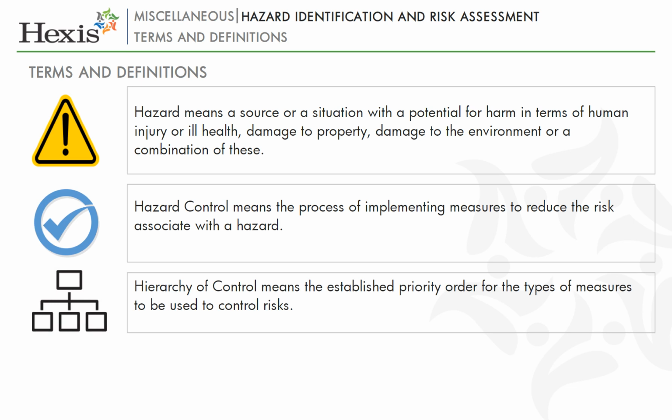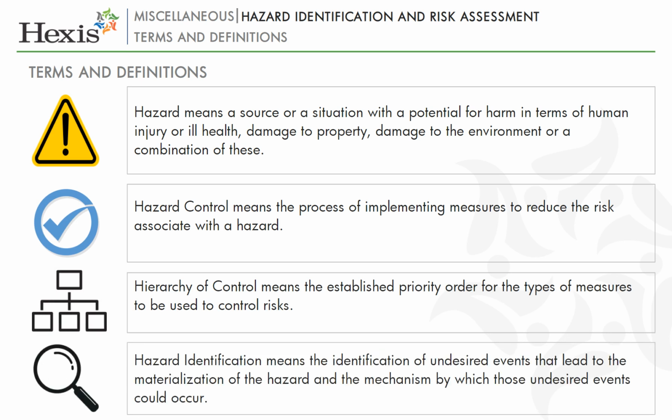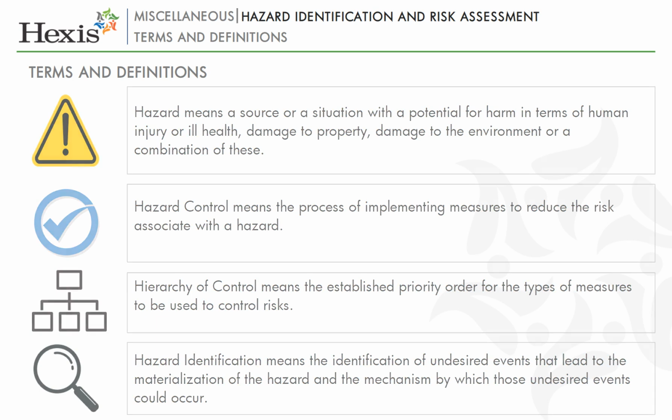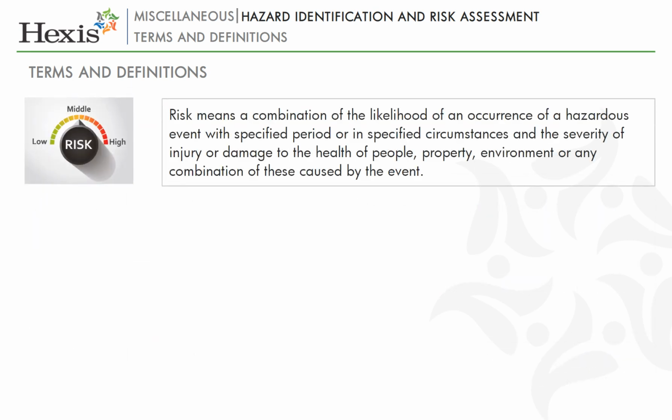Hazard identification means the identification of undesired events that lead to the materialization of the hazard, and the mechanism by which those undesired events could occur. Risk means a combination of the likelihood of an occurrence of a hazardous event with specified period or in specified circumstances and the severity of injury or damage to the health of people, property, environment, or any combination of these caused by the event.